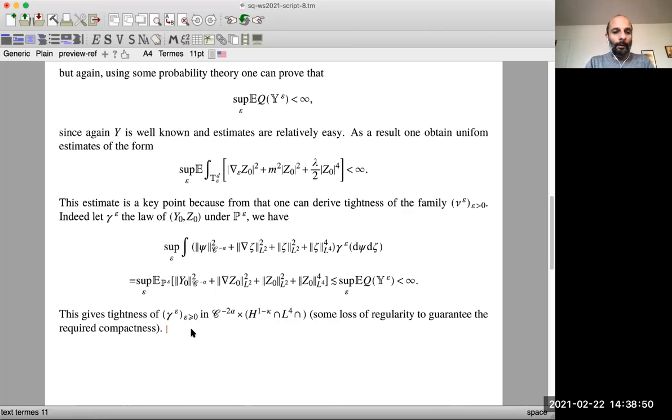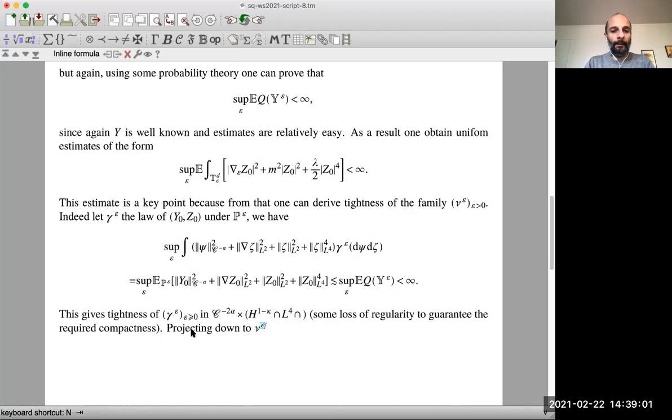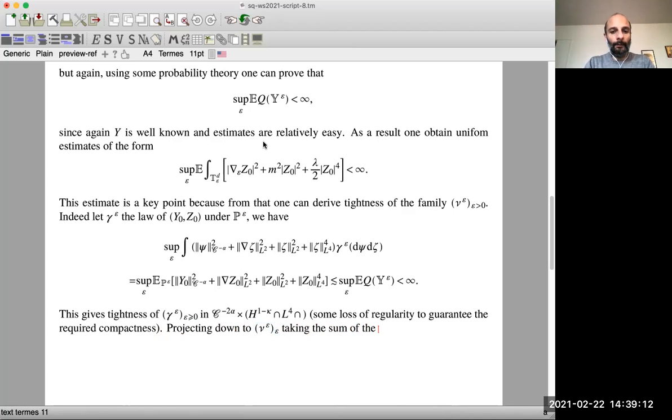Okay, so projecting down to nu epsilon. Since you have tightness of the coupling, of course, taking the sum of the two factors, if you project this measure onto the sum, then you get tightness.